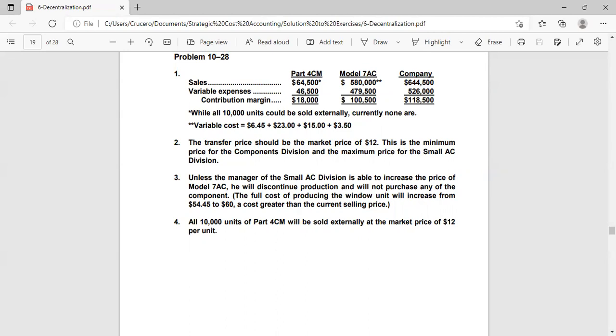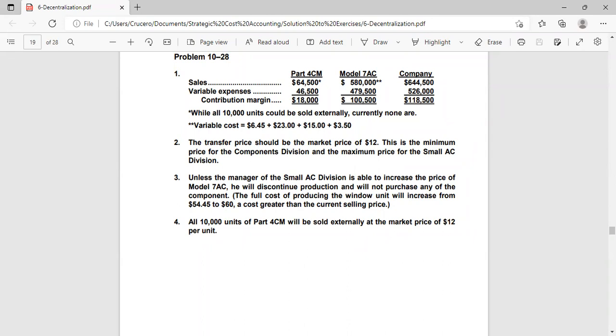So we have now the contribution margin, as we know, is the difference between the selling price and the variable cost. Now, the company manufactures seating and air conditioning units in its 6 divisions. One division, the components division, produces electronic components that can be used by the other 5.